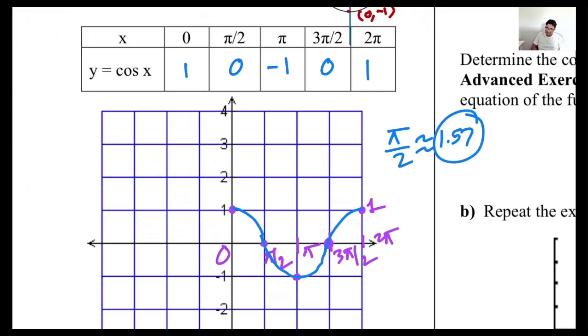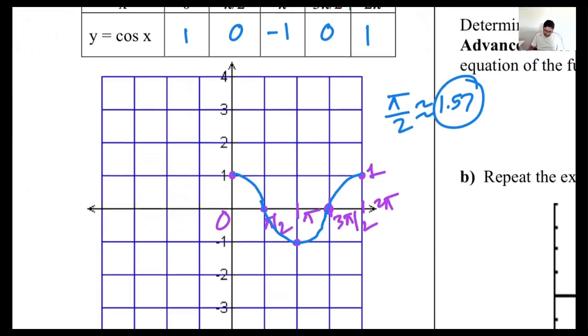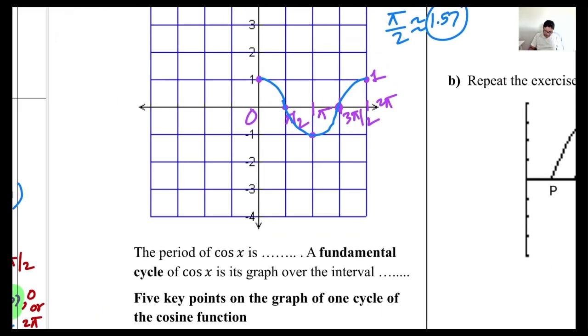That would be one fundamental period of the cosine graph, one cycle of the graph, from 0 to 2 pi. The period of cos x is 2 pi. Again, you can see that a fundamental cycle of cos x is over the interval 0 to 2 pi, a closed interval, as we typically write.